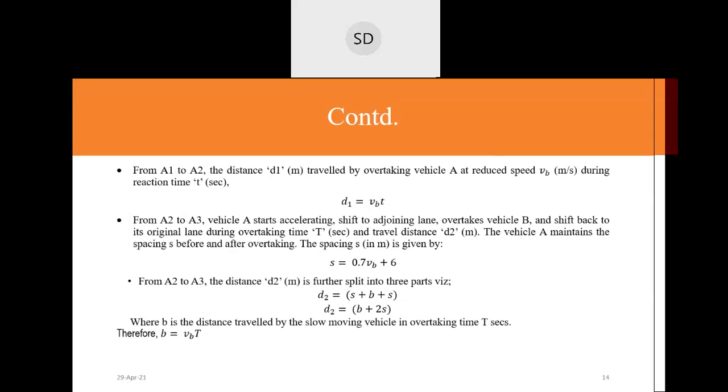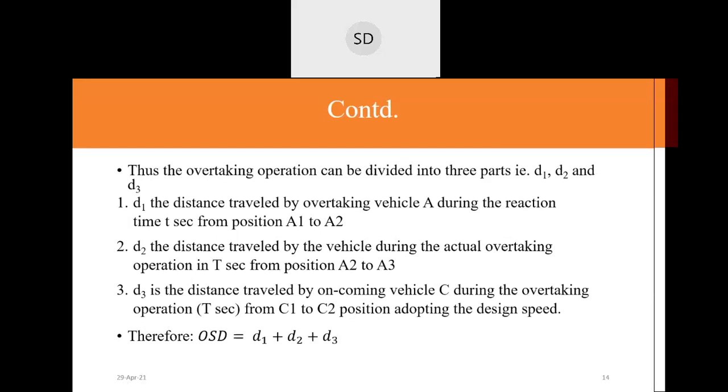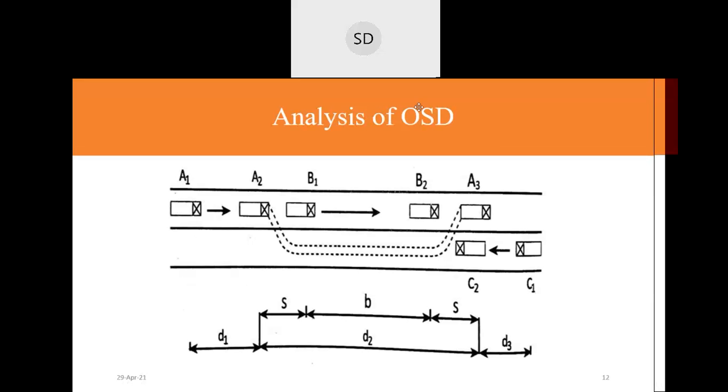Now from A1 to A2, as we have discussed, that distance is D1 equal to Vb into t. We have also discussed that the distance between vehicle A2 and B1, and B2 and A3, is the clear spacing which these two vehicles maintain.